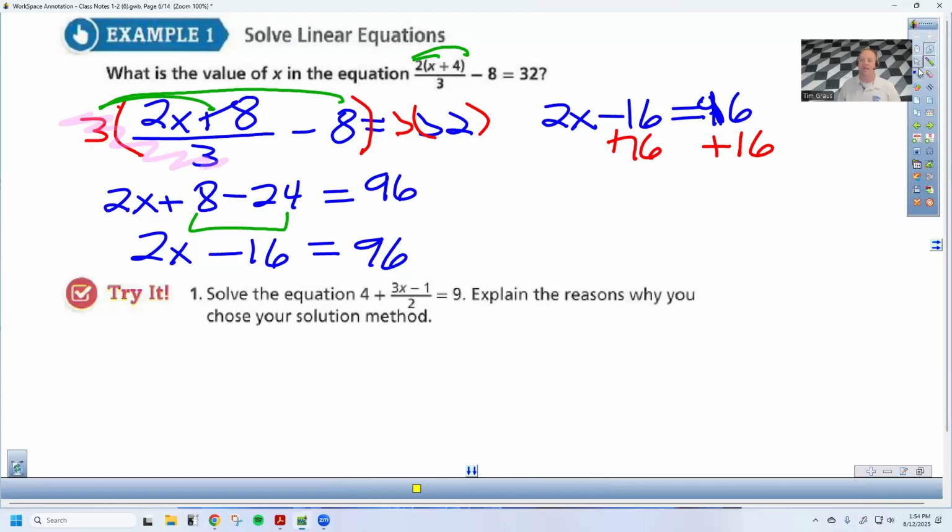That's going to allow me to Candy Crush this negative 16 and positive 16 away. They cancel each other out, and down drops a 2x. 96 plus 16 comes out to 112.